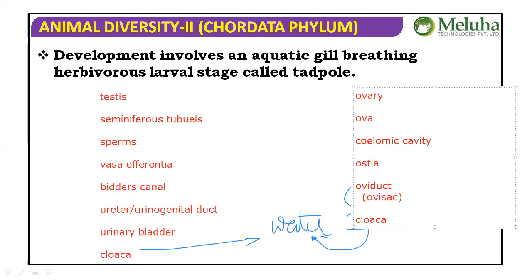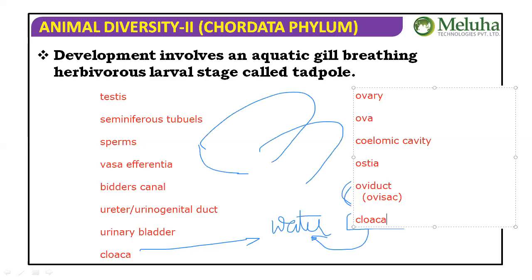So the thing you have to remember: during the rainy season, the male frog attracts the female frog by giving a croaking sound. When the female frog comes, these ova are stored in the ovisac.